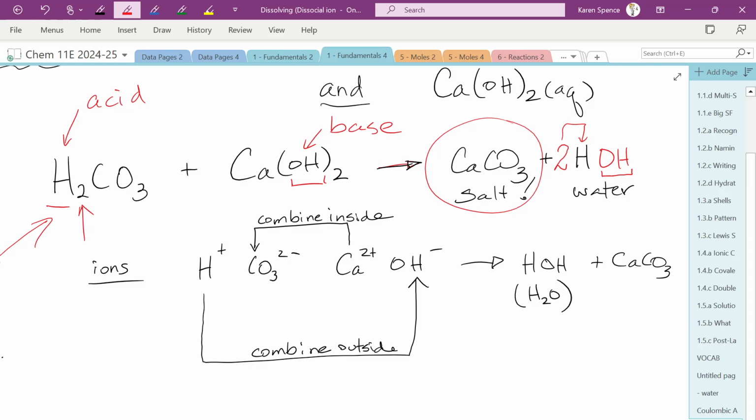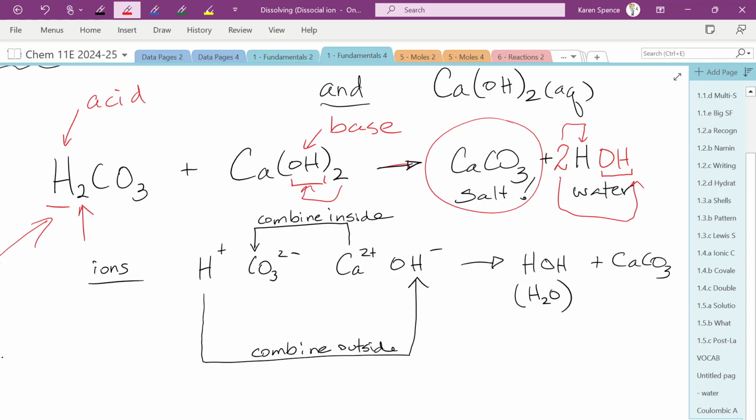Then I say, how many hydroxides do I need? Quite frankly, if I balance the hydrogens, the hydroxides will also be balanced. I need 2 hydroxides. Well, isn't it good that I happen to have 2 hydroxides? And it becomes that simple to balance.